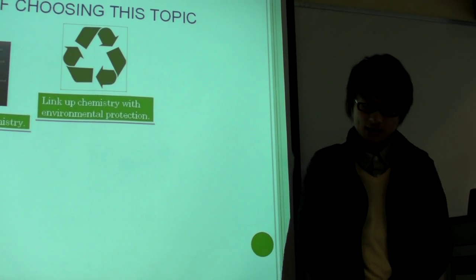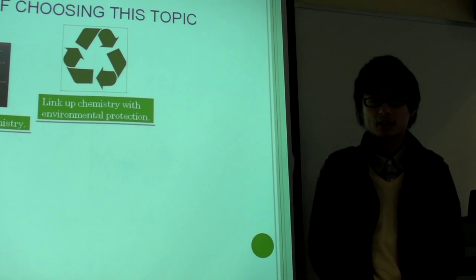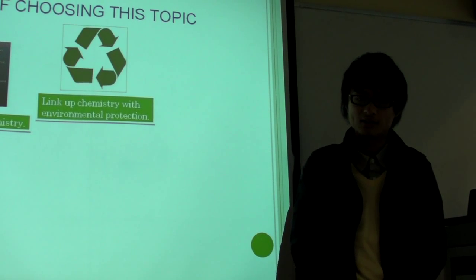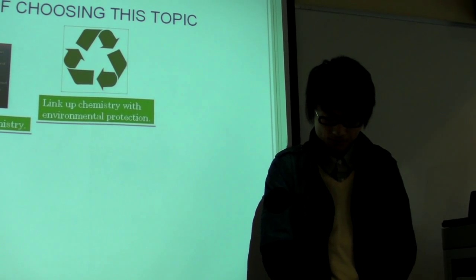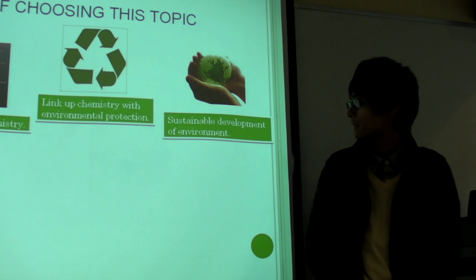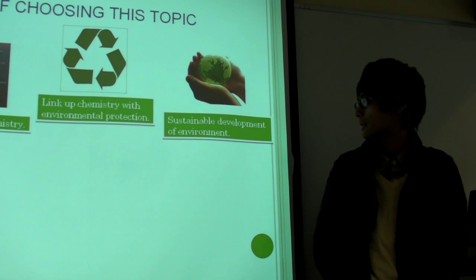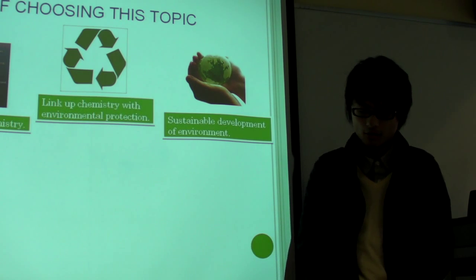Because the climate has changed a lot during the past 50 years, the polar regions start to melt, which makes the water level rise a lot. It will cause flooding in the lower areas. Therefore, we talk about green chemistry as it stresses sustainable development of the environment, which fulfills our requirement.